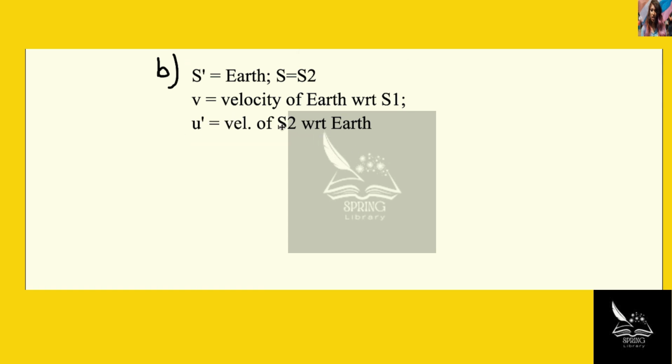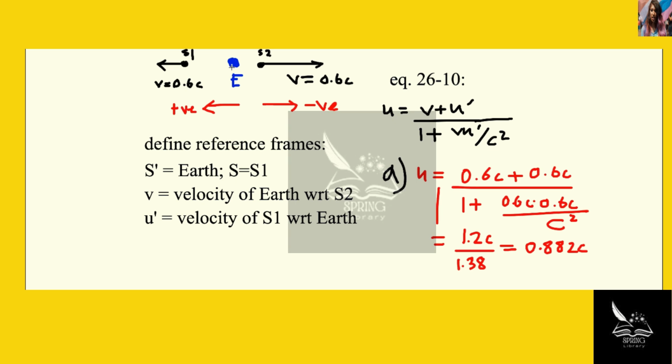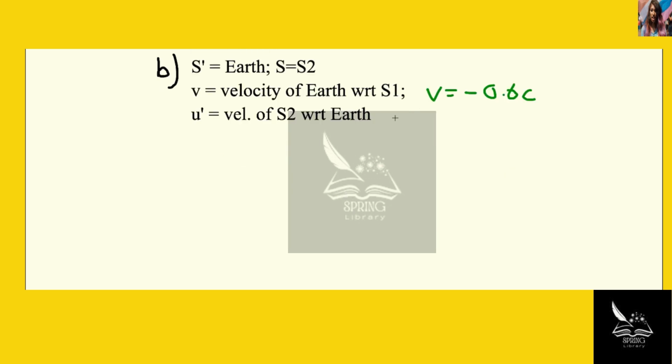So with that setup, you have that V will be negative 0.6 C. This is because from the reference frame of S1, the Earth seems to be moving away from it at the speed at which it is traveling, okay? And so that is why there's a negative there.